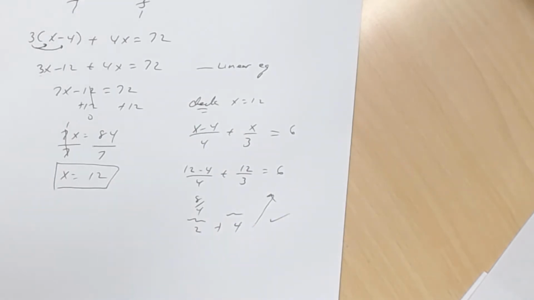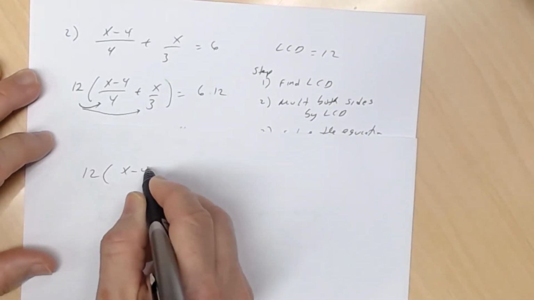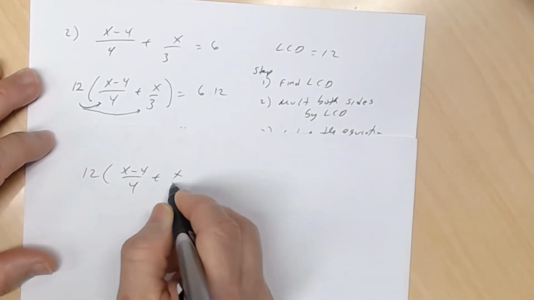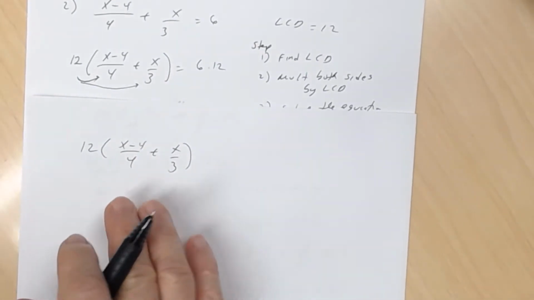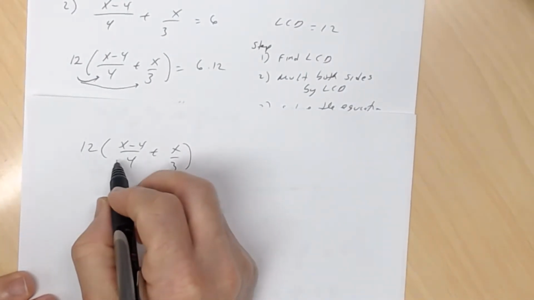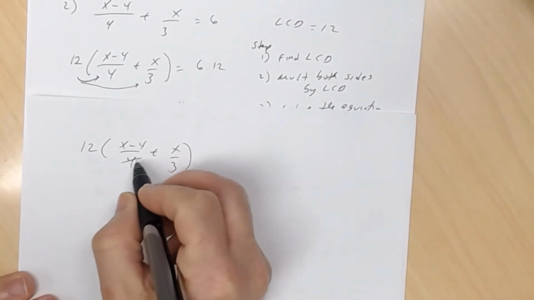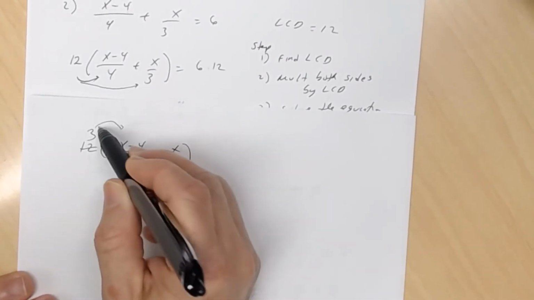Okay? All right. The other thing I wanted to mention was another common mistake people make, and I need to mention this. You see right here where we had 12 times x minus 4 divided by 4 plus x divided by 3. I just want to look at this side for a moment. Here's what some people do, and this is incorrect. They'll go ahead and reduce. They'll say, oh, 4 into 4 is 1, 4 into 12 is 3, and then distribute the 3.